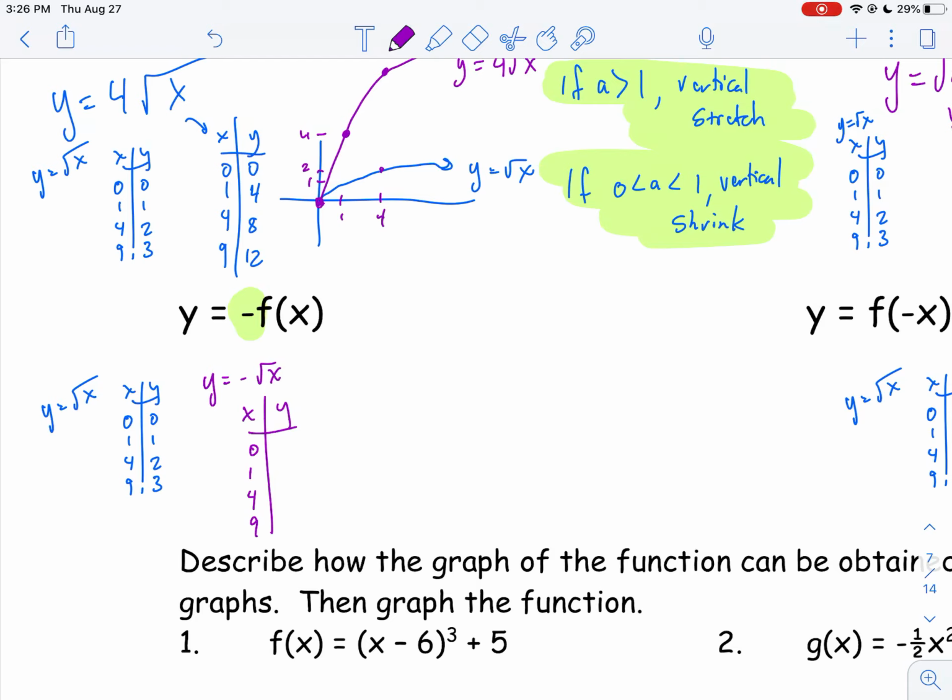The negative square root of 0 is still just 0, but the negative square root of 1 is negative 1. The negative's on the outside, so that's okay. Square root of 4 is 2 with a negative sign in front of it is going to be negative 2, negative 3. And so if we look at our graph, 0, 0, 1, 1, 4, 2, and 9, 3 look something like this.